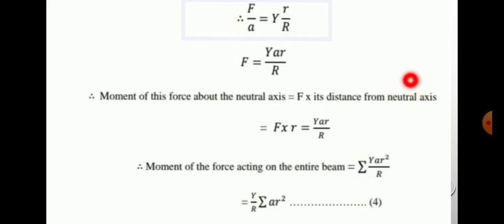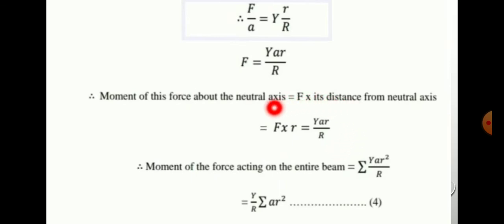The distance between GF and PB is small r. The value of F is Y A r divided by R. Put that value here, Y A r divided by R into r. Then we get the final equation, that is Y A r square divided by R.